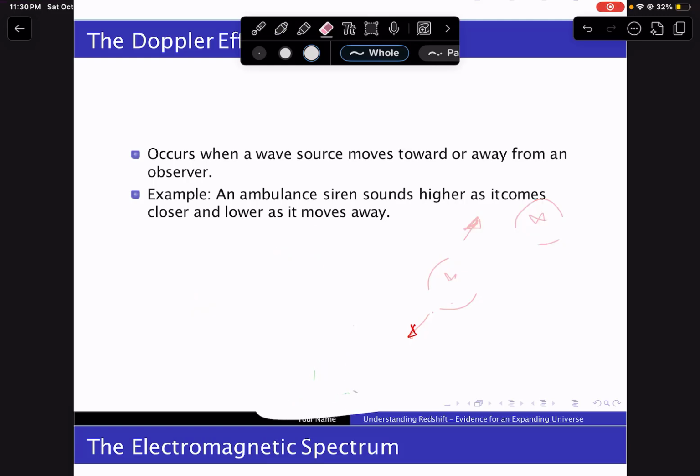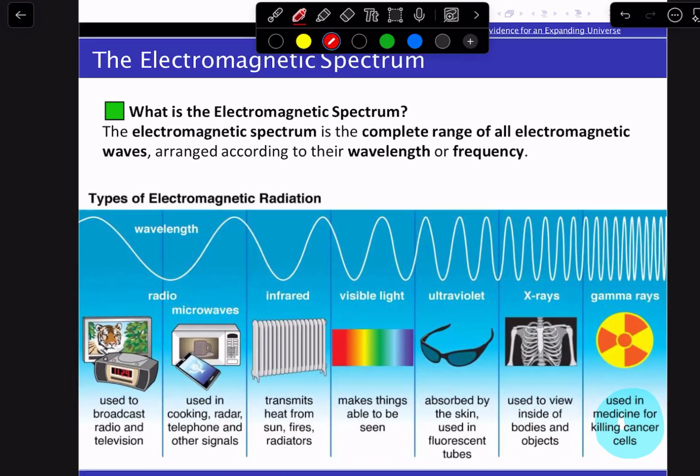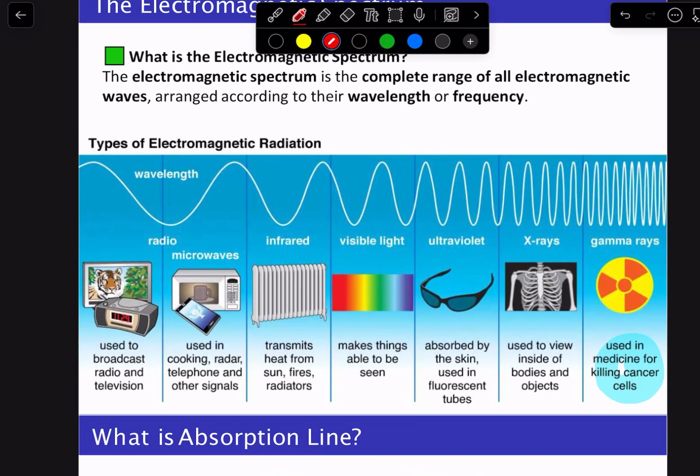Now for this we need to know what the electromagnetic spectrum is. We all know that the stars emit electromagnetic waves. The electromagnetic spectrum is a range of all types of electromagnetic waves, from radio waves to gamma rays.